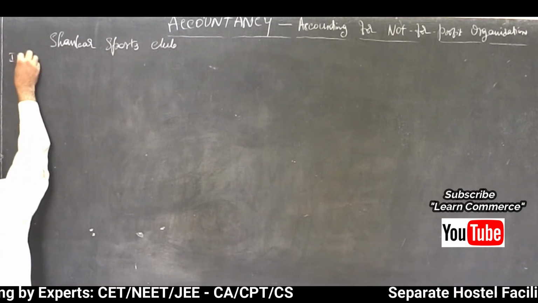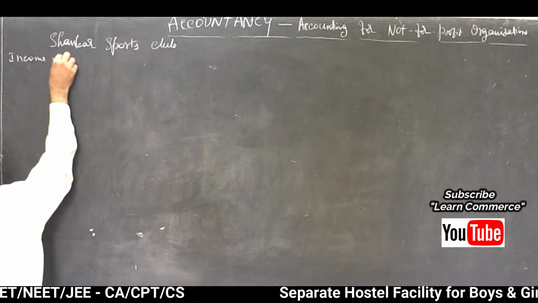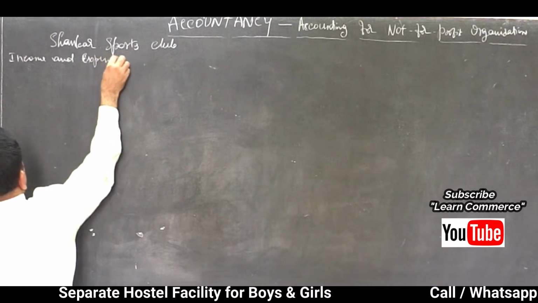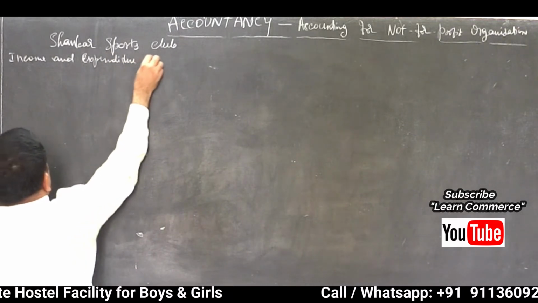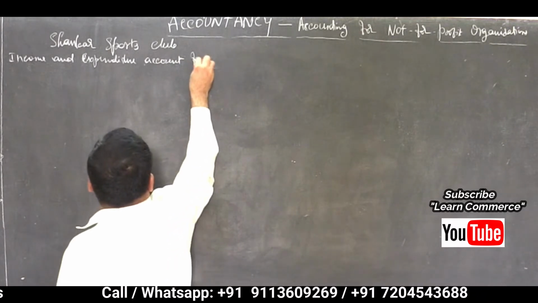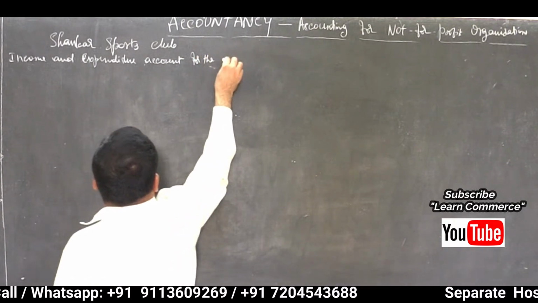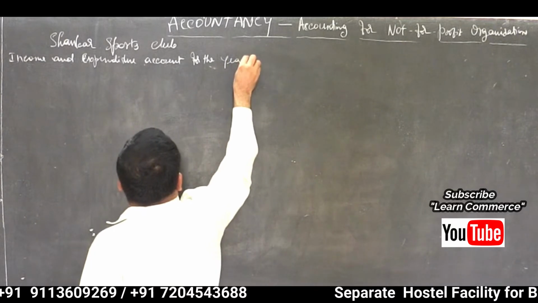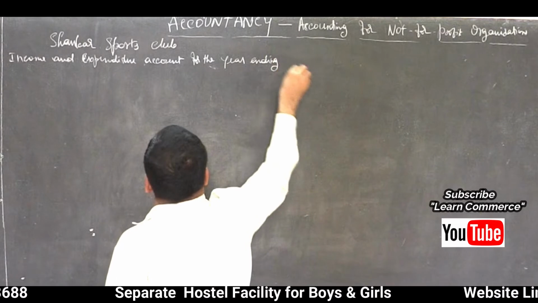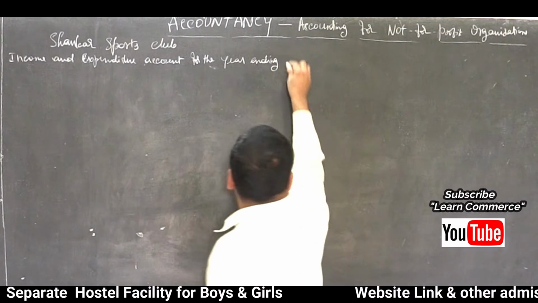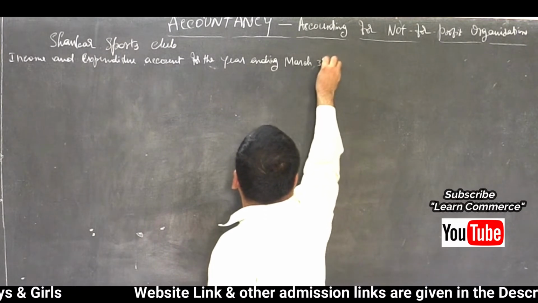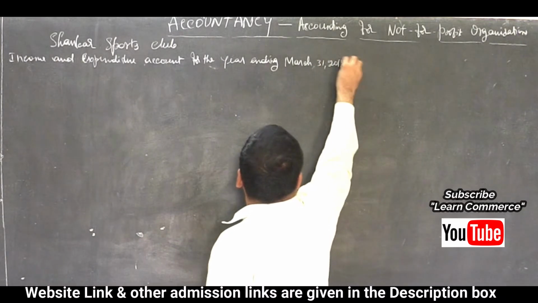Income and expenditure account for the year ending March 31st, 2018, right?